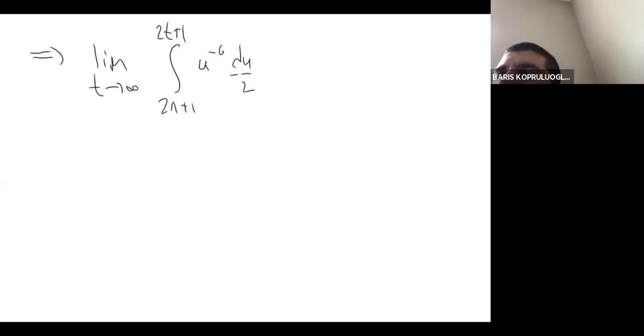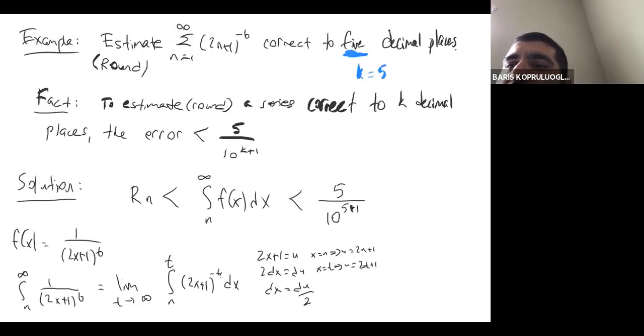Right? Because dx is going to be du over 2, and 2x plus 1 is u, and this is to the power of -6.